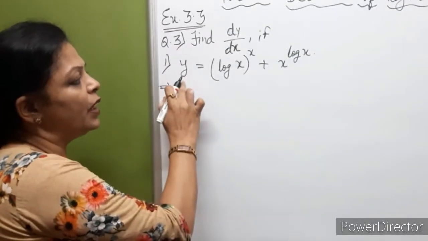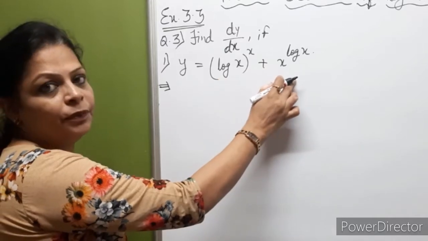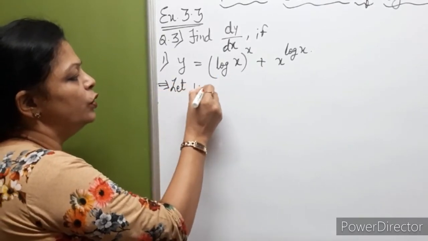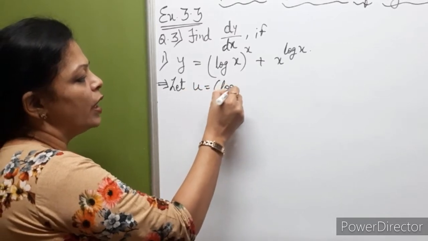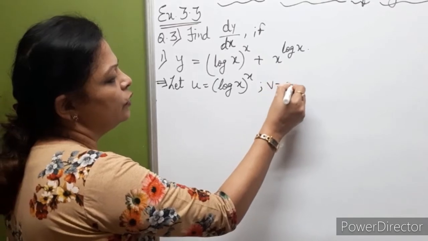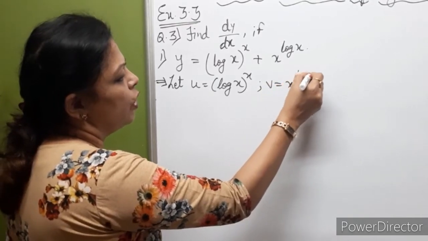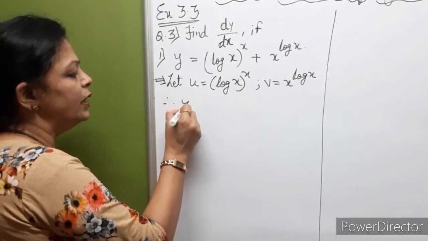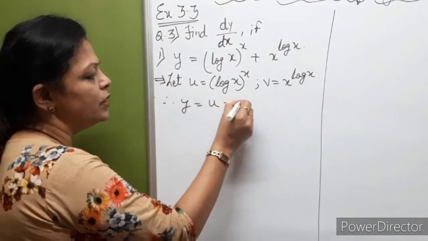So your y becomes u plus v. Let u be equal to (log x)^x and v be equal to x^(log x). Correct? So your y is equal to u plus v.